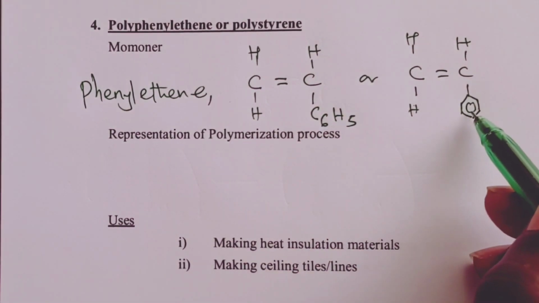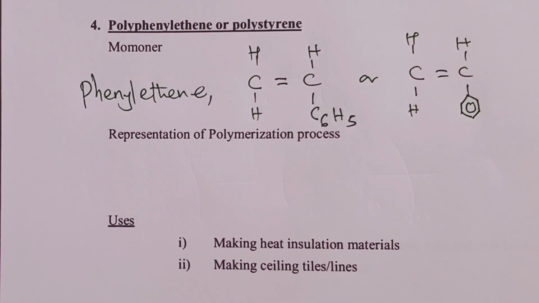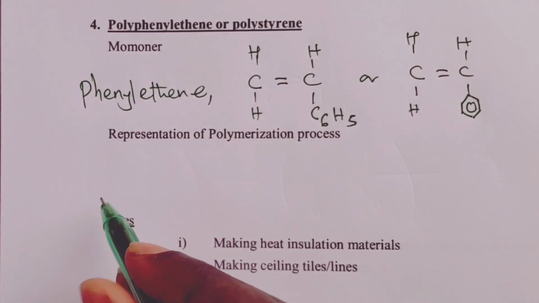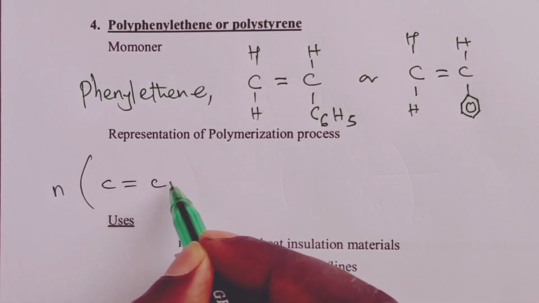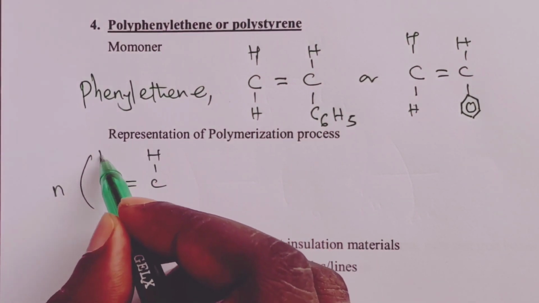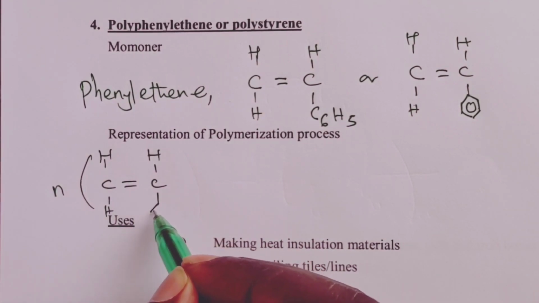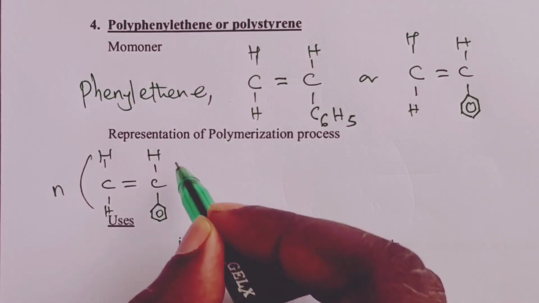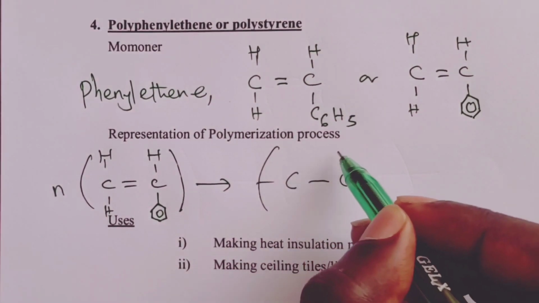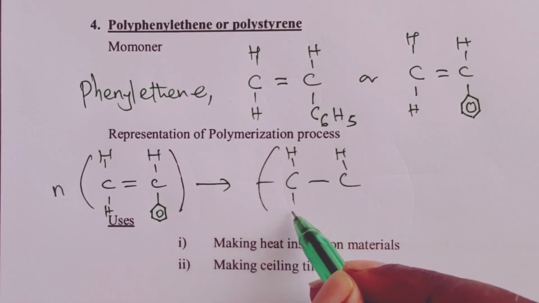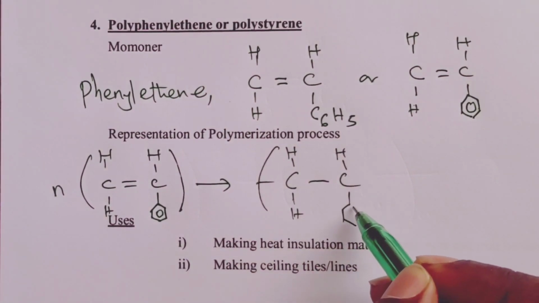And here we have 5 hydrogens that are linked to 6 carbon atoms in a circular manner. That is the phenyl group. So coming to polymerization process, N molecules of our monomer combining to form our polymer. So here we are, polymer coming out from millions of molecules of the monomer.